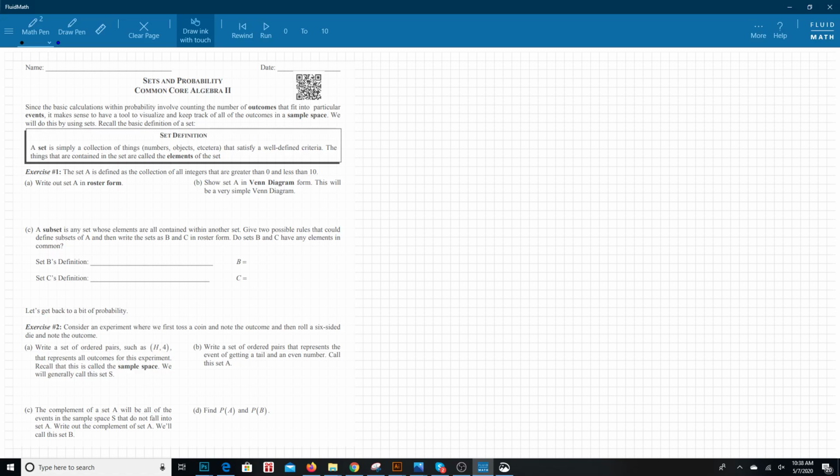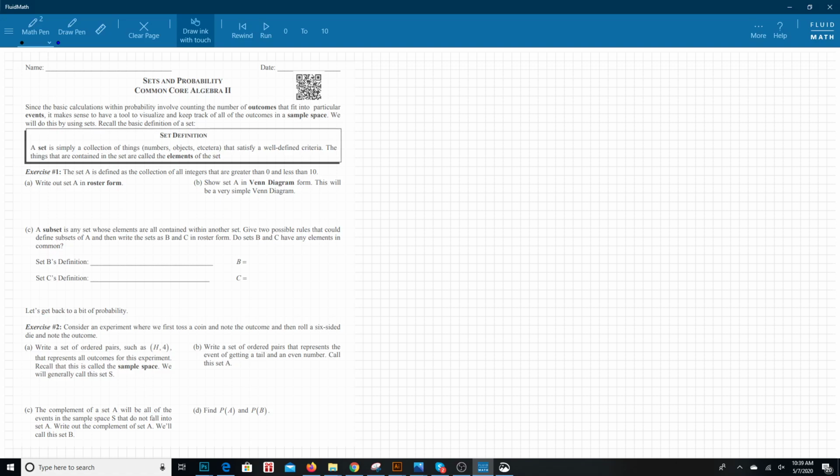You can have numbers, objects, letters, etc. that satisfy a well-defined criteria. The things that are contained in a set are called the elements of the set.